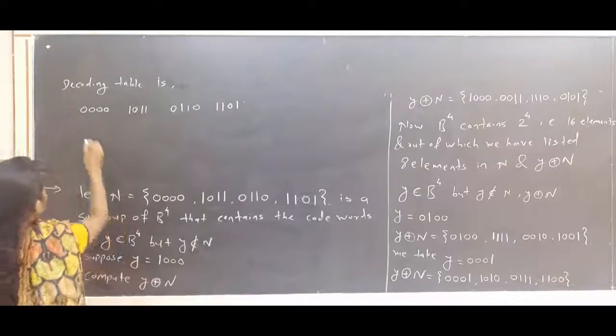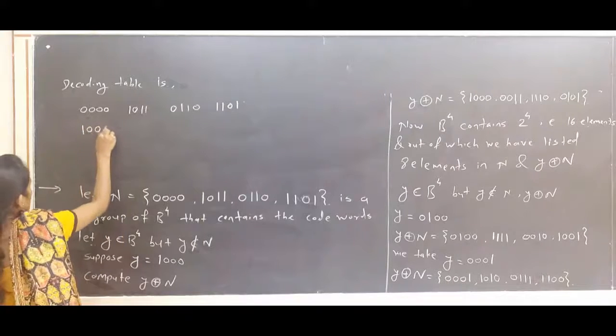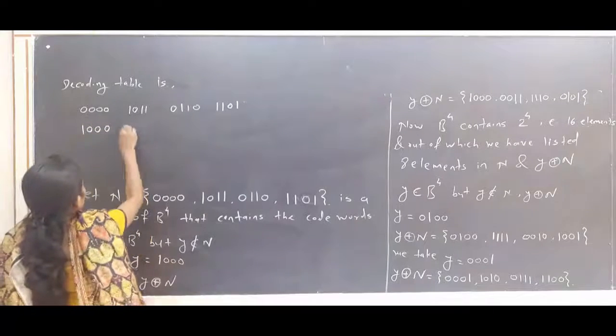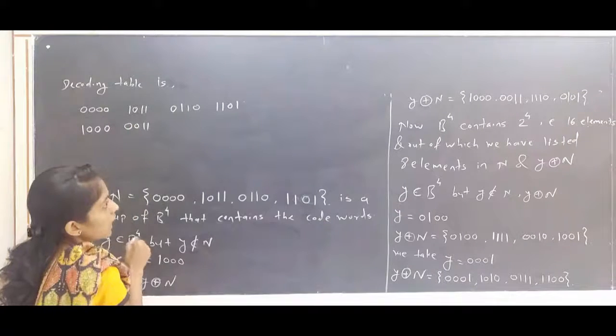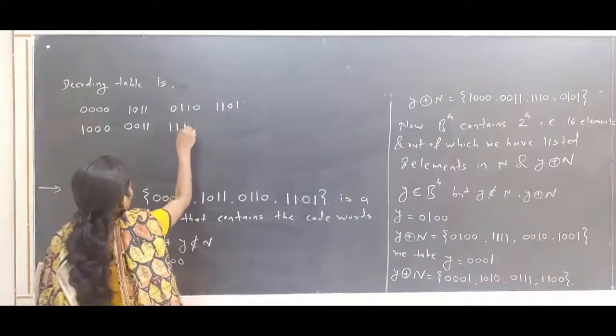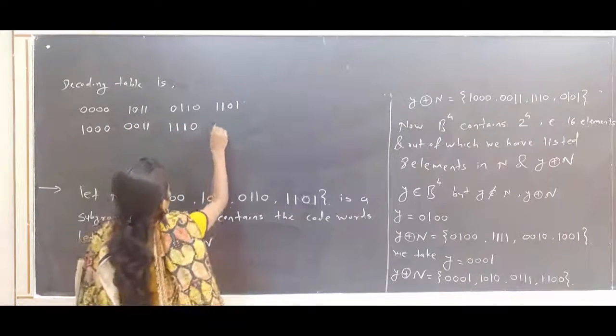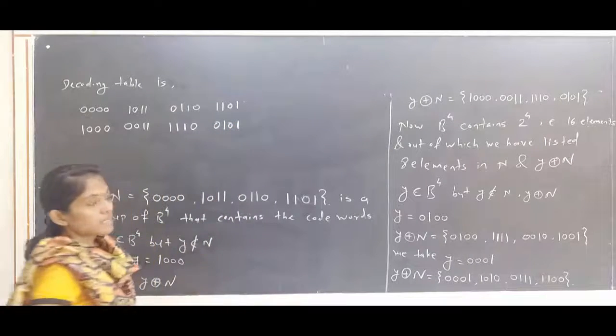Next one: 1 0 0 0, then 0 0 1 1, after that 1 1 1 0 and 0 1 0 1. This is the second row.